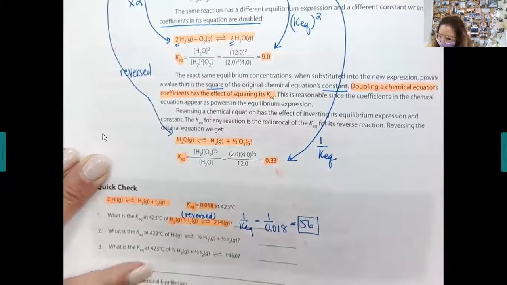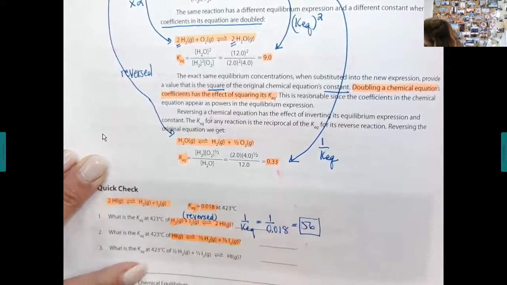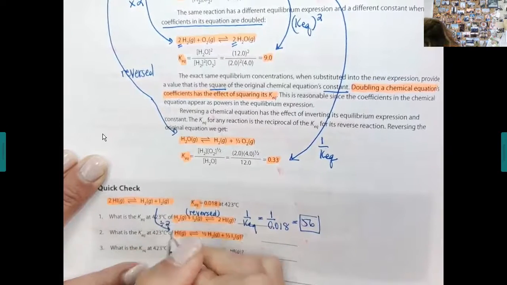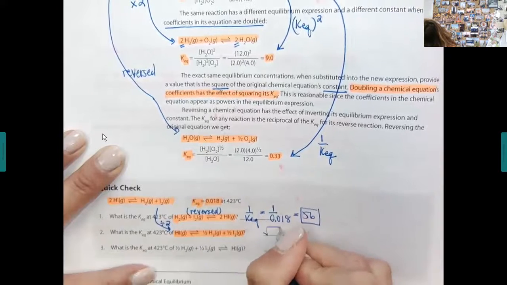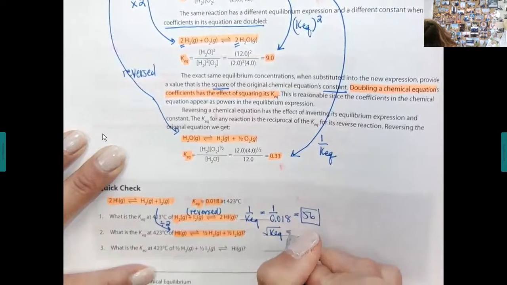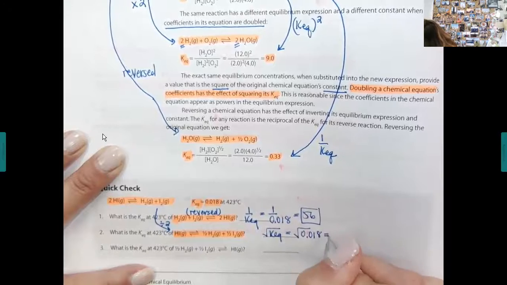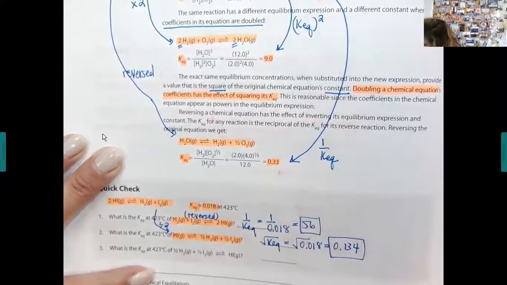Here, they divided that equation by 2. So that means you would need to take the square root of the KEQ, which is 0.018, and this is 0.134.